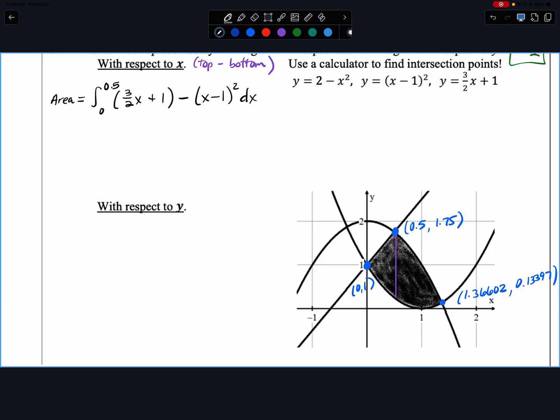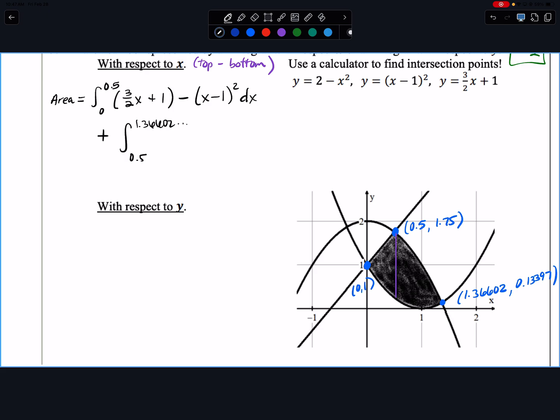Okay, so it's this area plus this area. So plus, now I'm going from 0.5 to here, because this is where the area ends on the x-axis. So it's going to be the integral from 0.5 to 1.36602, whatever, of what is the top function now? 2 minus x squared, because it's the parabola that's negative.